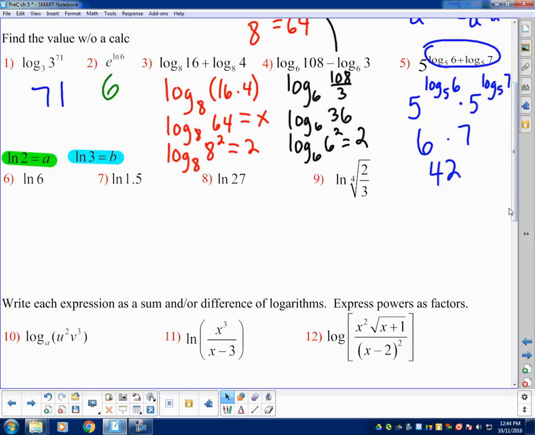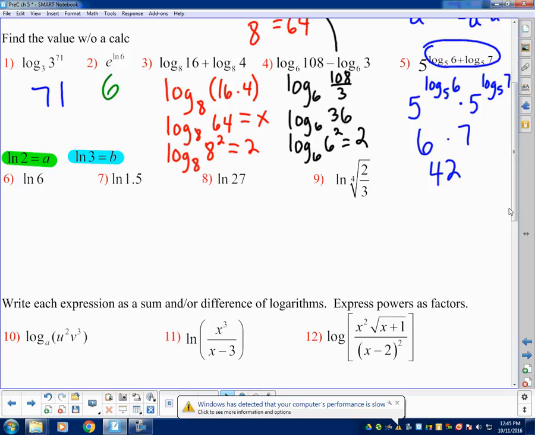Back before we had calculators, there was a whole table of values, where you would be given log base 10 or log base e or ln of all of the prime numbers. And so the fundamental theorem of arithmetic says that you can take any positive whole number and, using the factor tree, write it as a product of primes to different powers.